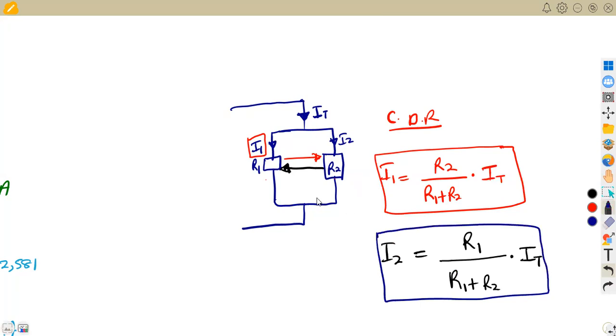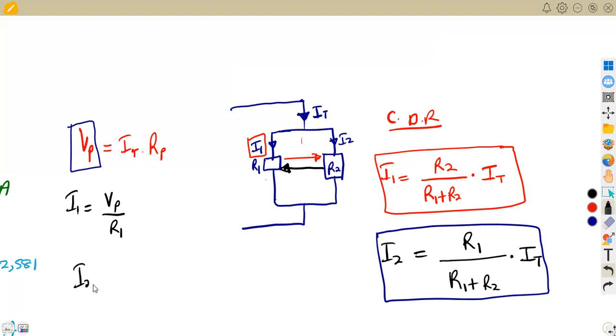It is used on a parallel circuit, where you can also calculate the voltage of the parallel circuit, which is equal to the total current times the resistance of the parallel circuit. After calculating the voltage, you can calculate I1 directly by using the voltage in the parallel divided by R1, and I2 as the voltage divided by R2.